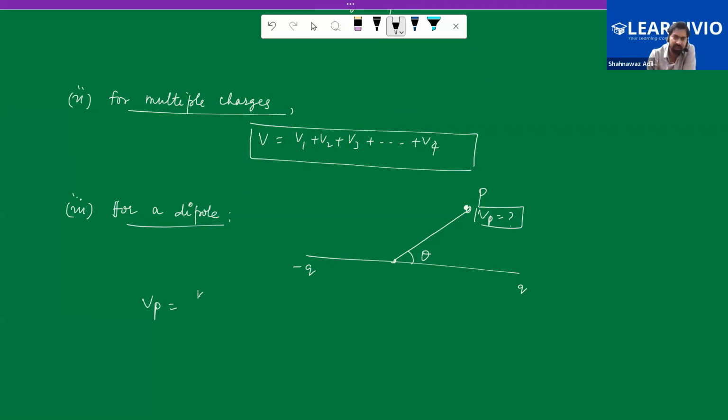Okay, so this is Kp cos theta by r square.